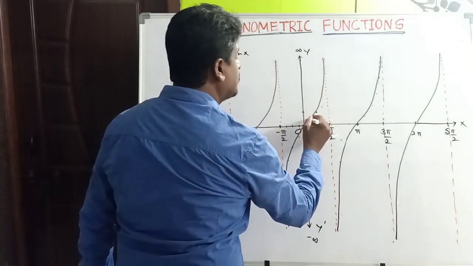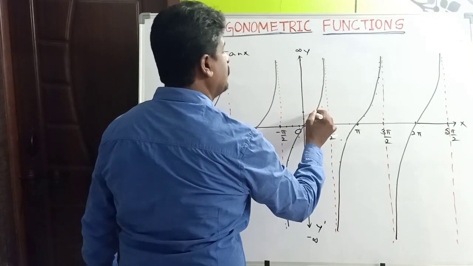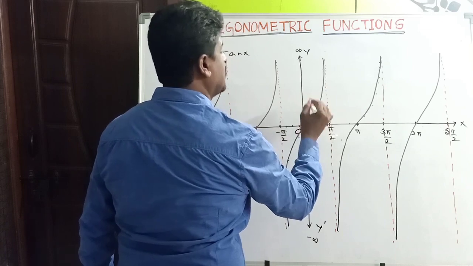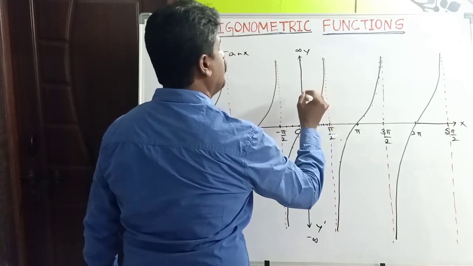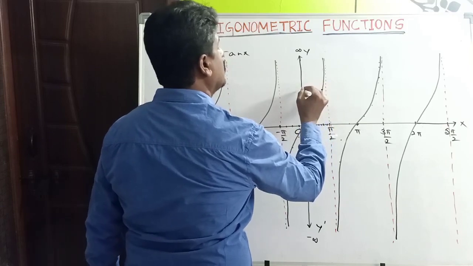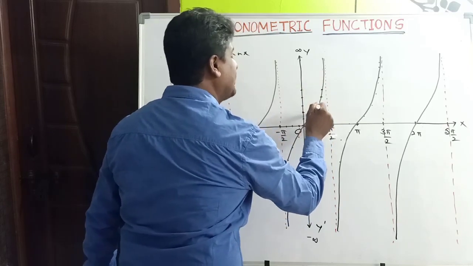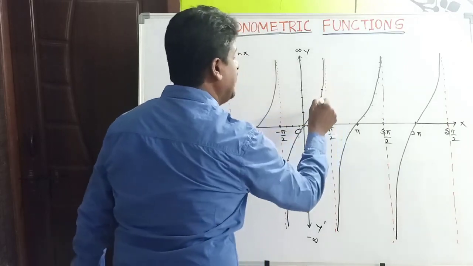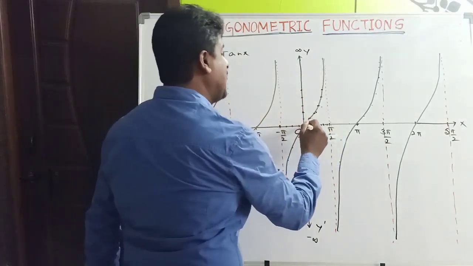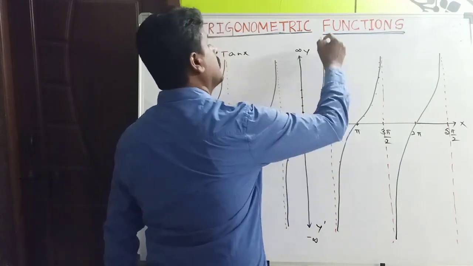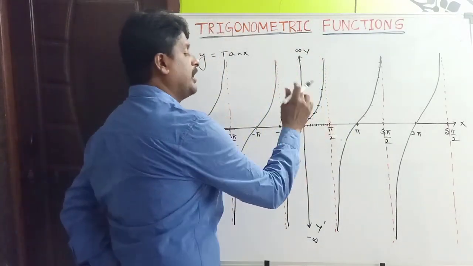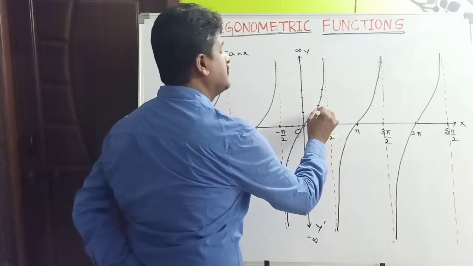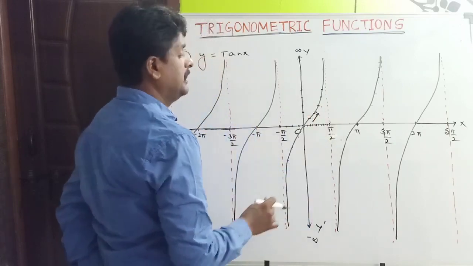Increasing means for this graph corresponding y value, for this graph corresponding y value, for this corresponding y value. On the graph we can see only y values. As x values are increasing, corresponding y values are also increasing. So in the first quadrant, the graph is always of increasing type.